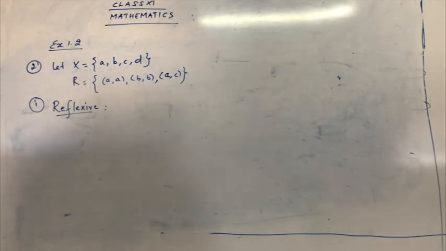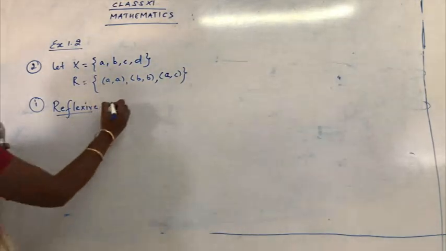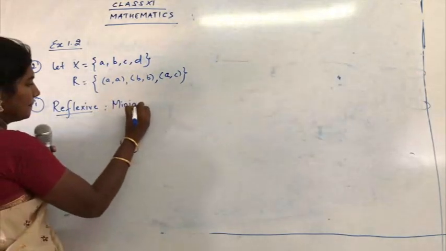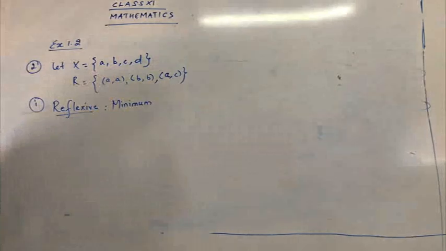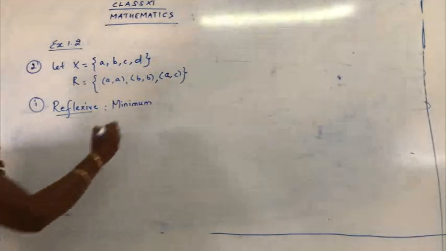We are going to consider one element at a time. So if I take A, I get the pair (A, A). If I take B, I get the pair (B, B). Now if I take C, I should get (C, C). If I take D, I should get (D, D). So what is the minimum number of ordered pairs to be included? It's (C, C) and (D, D). So mention here, minimum number of ordered pairs.